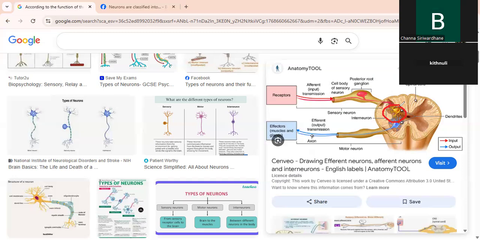The motor neuron is connected to the effector, while the sensory neuron is connected to a receptor. Both sensory and motor neurons are connected to a what? Interneuron. Clear? Clear, sir. Right.